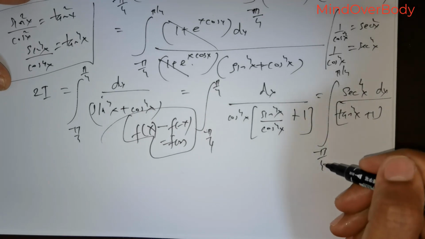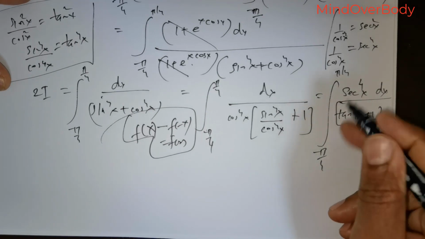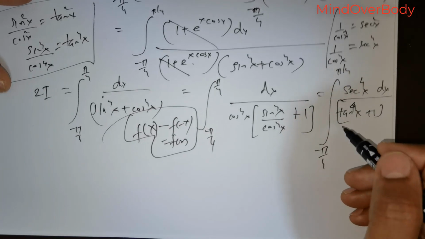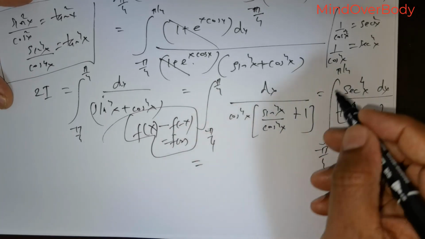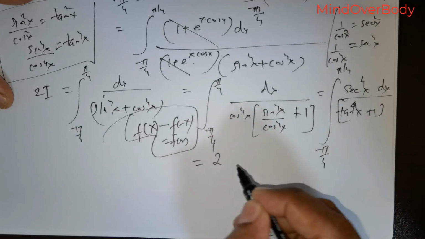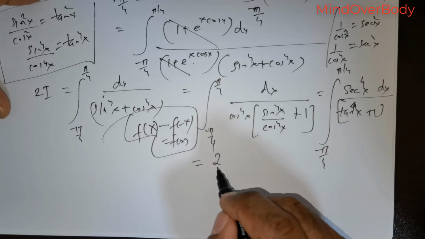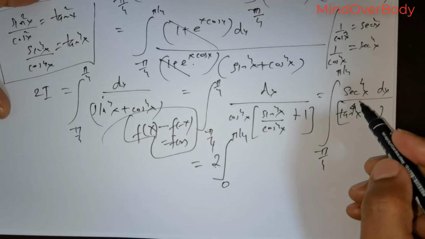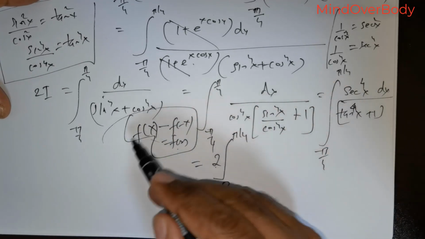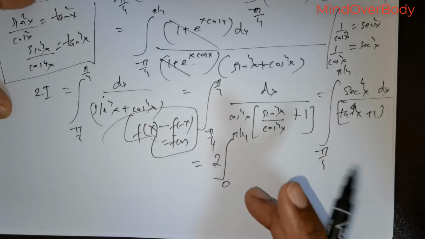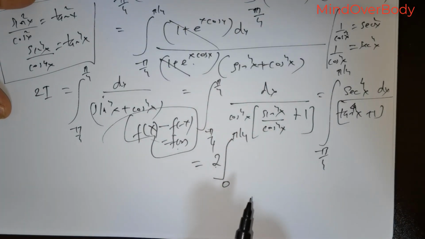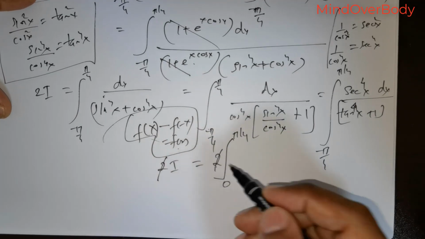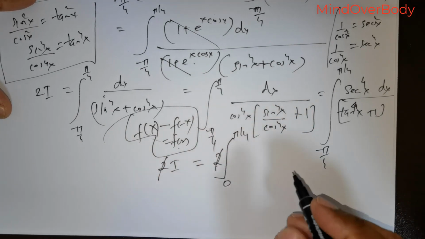Because every time I'm rewriting -pi/4 to pi/4, it's a little bit of work that could be cut down. So this is going to be 2 times the integral from 0 to pi/4, because if I replace x with -x, I still get the function back. So that is fine over here. And on the left hand side, I got 2 times I. So this 2 and this 2 can be cancelled, giving me I is equal to this quantity.